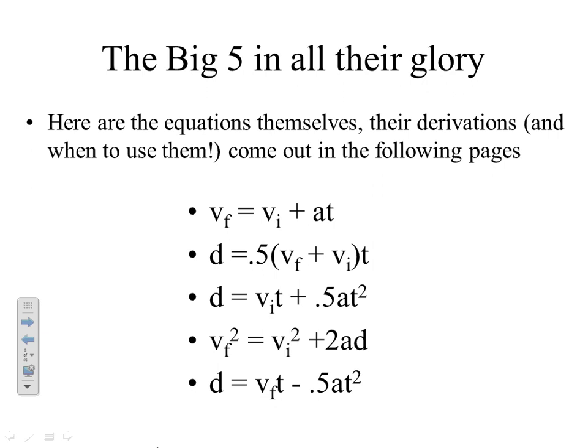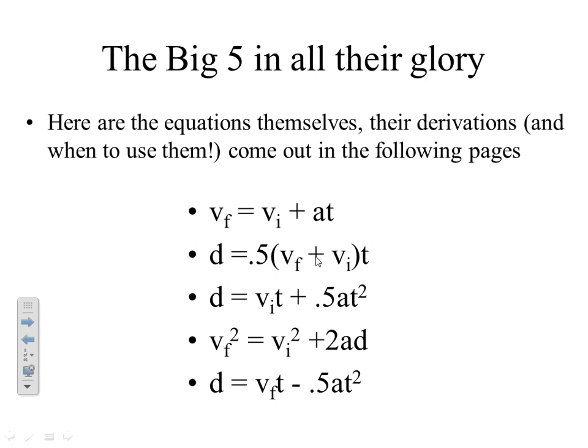In my opinion, I think AP Central got that aspect wrong, but they don't listen to me. The only ones that you'd see on there are this first one, v = v0 + at, this third one, the 1/2 at squared, and then this fourth one, the v final squared. Okay.